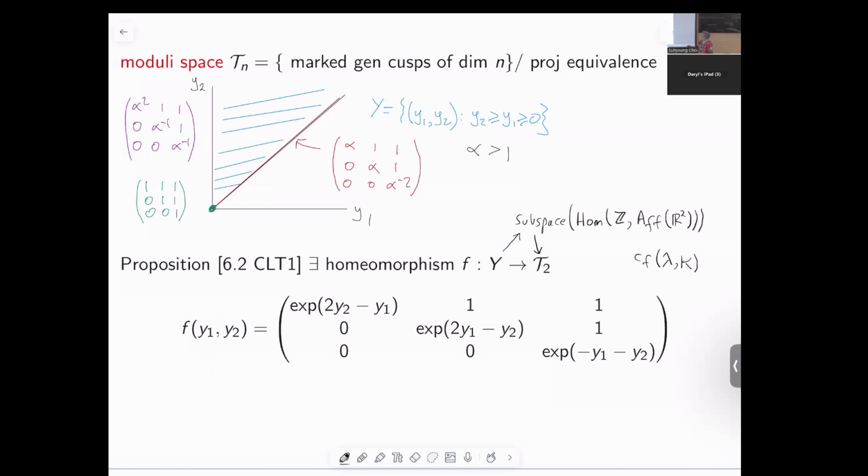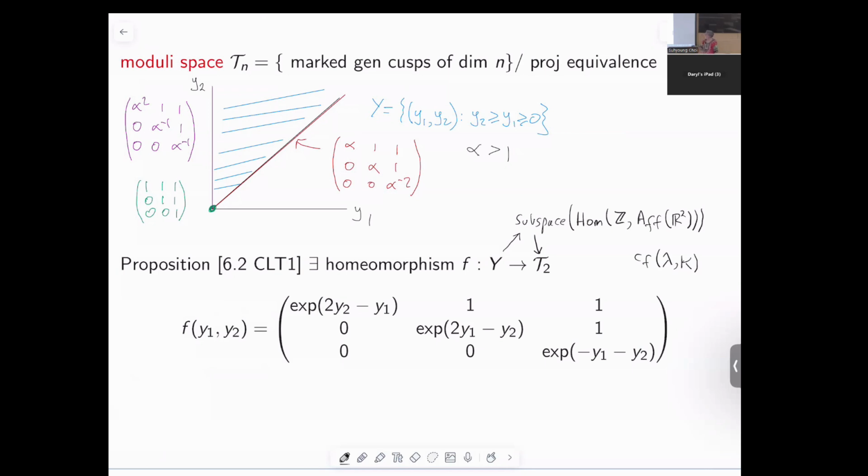cusps of type 2. Those are the ones with diagonalizable holonomy. The boundary of this region, these two arcs, correspond to cusps of type 1, where you've got a Jordan block of size 1 and a Jordan block of size 2. And the origin corresponds to the single parabolic type cusp.